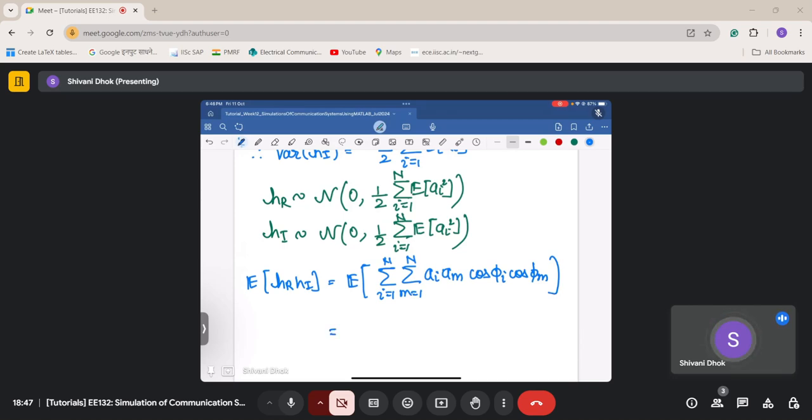This comes out to be equal to the summation over i and m of the expectation of A_i A_m times the expectation of cos phi_i cos phi_m.